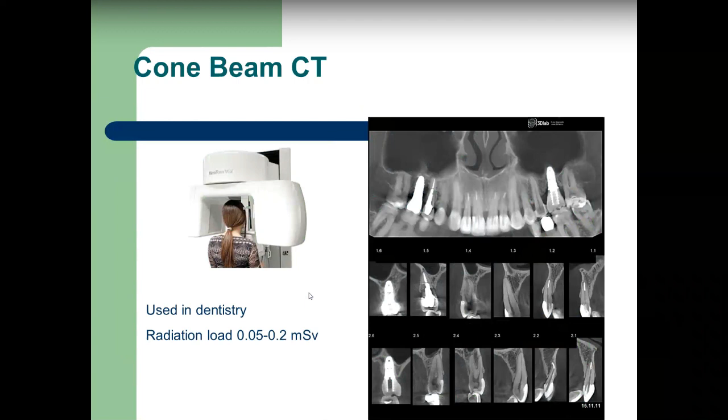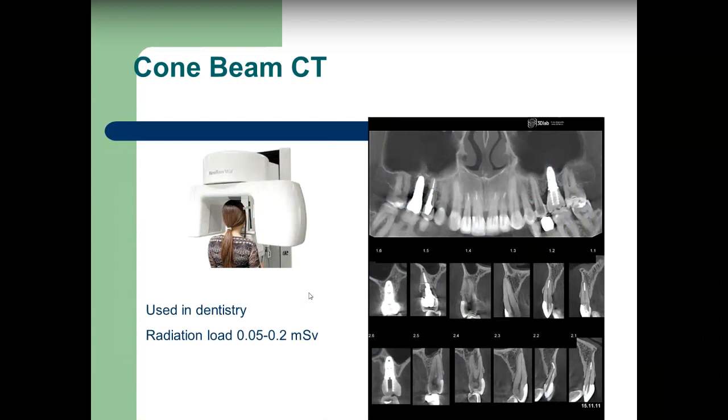Some words about another method, cone beam CT. I think it's called CT, but it's not CT in radiology. It's another method. The patient is standing and it is rotating around the head. It's used only in dentistry.